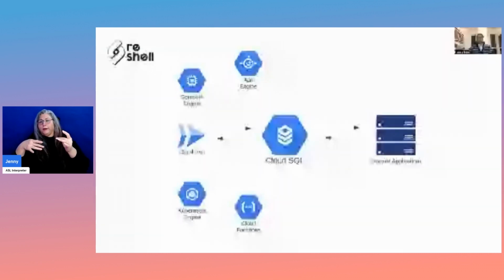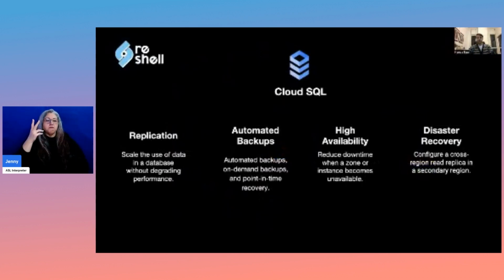But is it really a fully managed service? Let's take a look. In essence, if a client asks you to productionize a Cloud SQL database, initially there are four main categories you would likely consider when building a resilient database. Replication, which would allow you to offload some of the work to copies of your database.